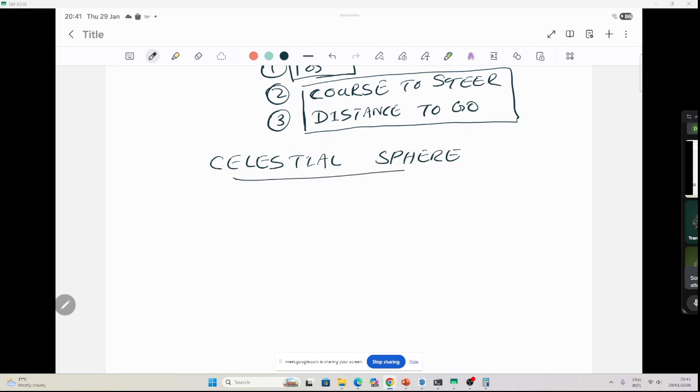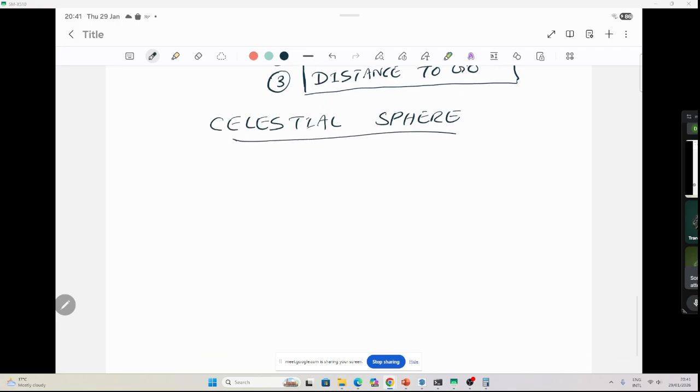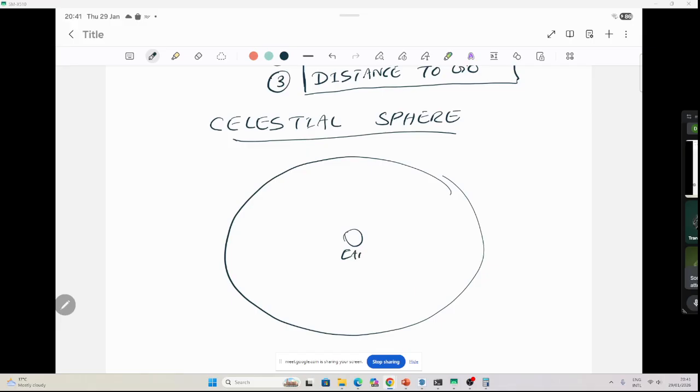Celestial sphere is if you take Earth, the whole, this is Earth, right? All heavenly bodies. You can see sun, moon, star, you can see sun here, you can see moon here, right? Assuming that Earth is stationary, once you go out in the night time, you can see the sky.